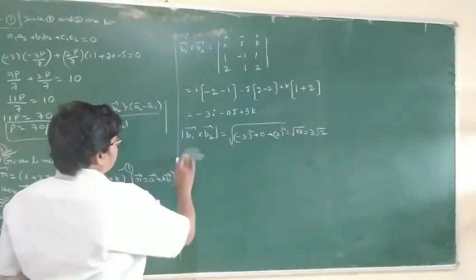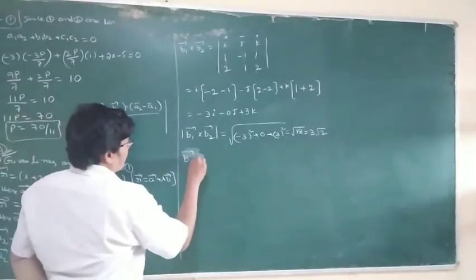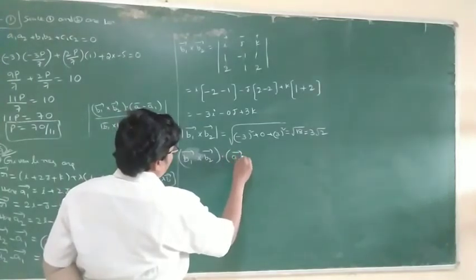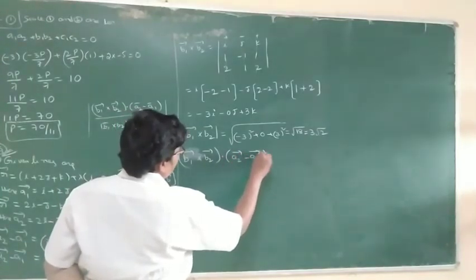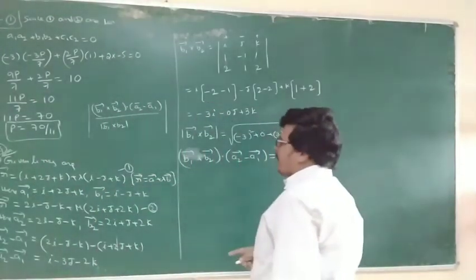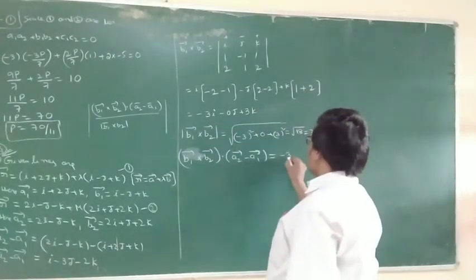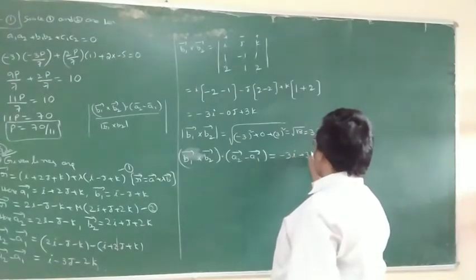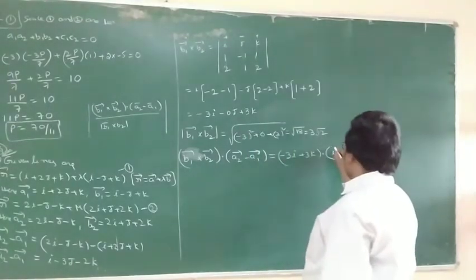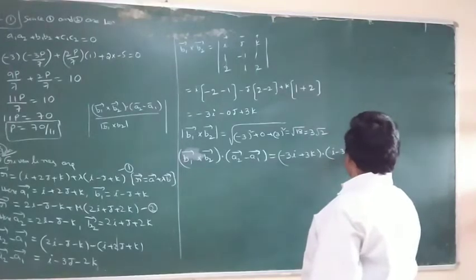next the dot product. b1 bar cross b2 bar dot a2 bar minus a1 bar. b1 cross b2 is equal to minus 3i plus 3k, dot a2 minus a1, which is i minus 3j minus 2k.